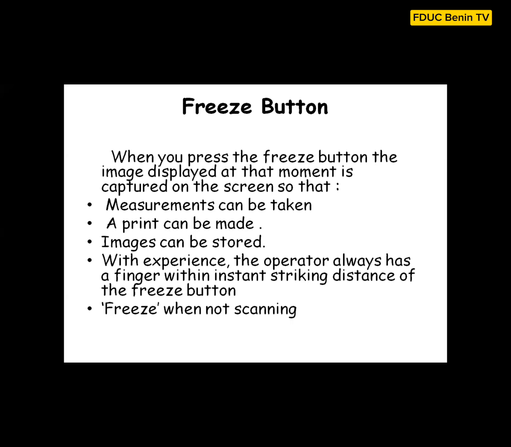So this freeze button helps one to capture still images and display an image that you have seen on the screen. When you press the freeze button, you can now take your measurements, print, and also store your images.